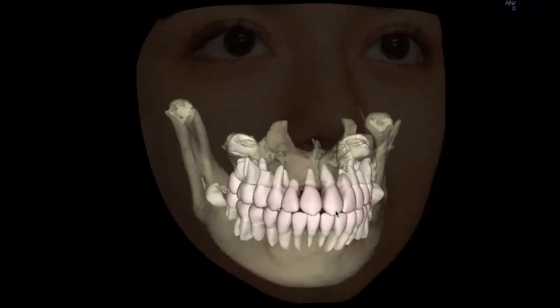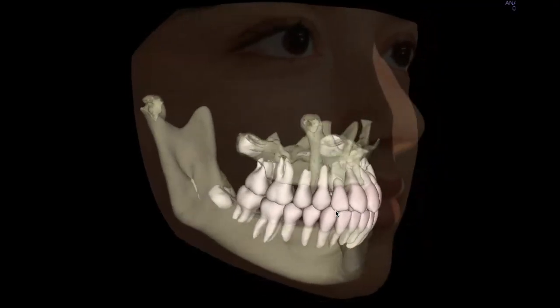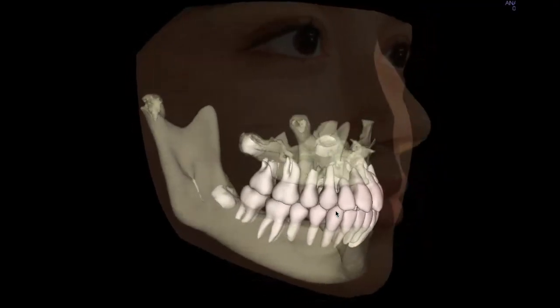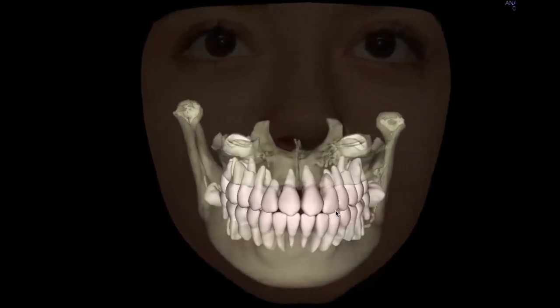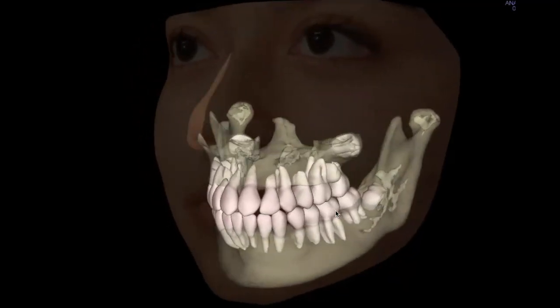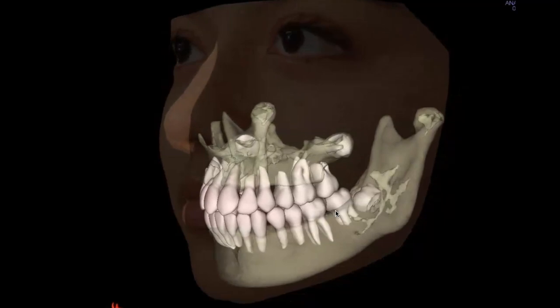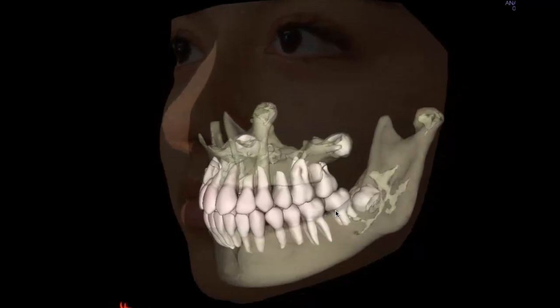Now, in hindsight, I think that the expansion would have been a great idea. I think that would have helped us. I think utilizing TADs to help improve the occlusal plane angle, whether that's posterior intrusion or anterior extrusion, would have been great as well. We did not do either of those things.